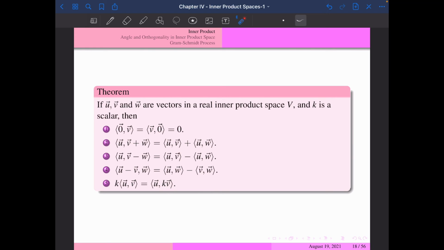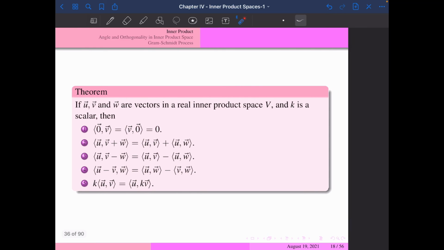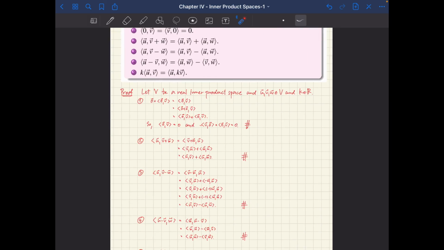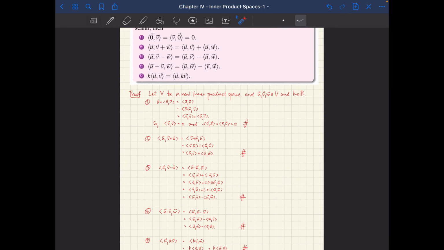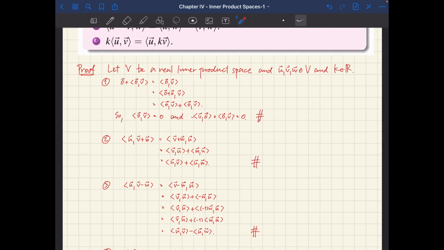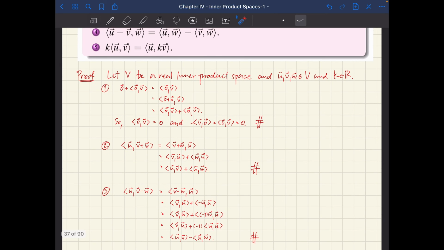The proof is quite easy. For number one, oh, it's my typo. This one is equal to 0, not a 0 vector.